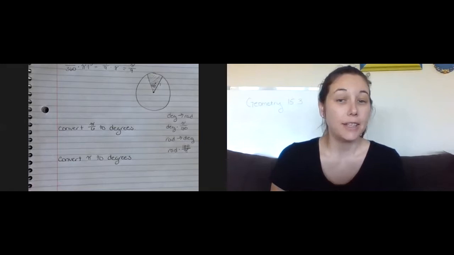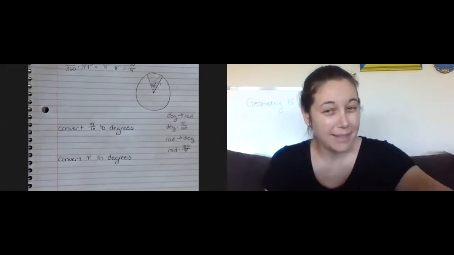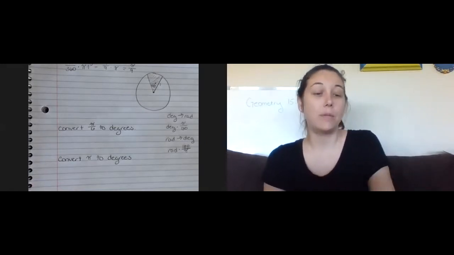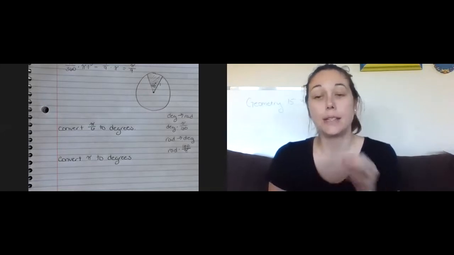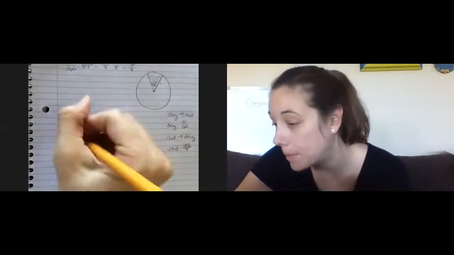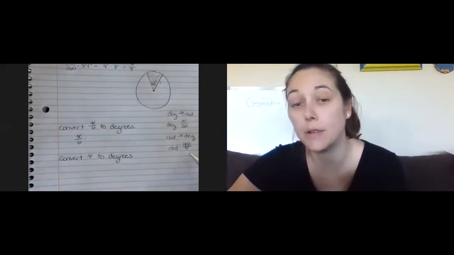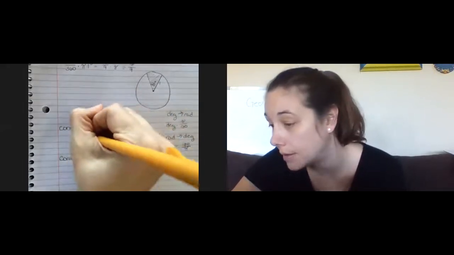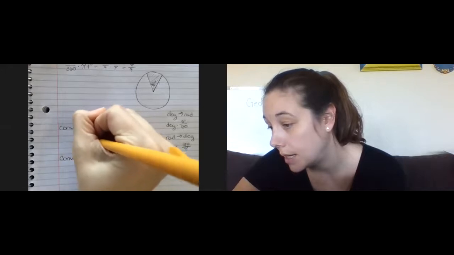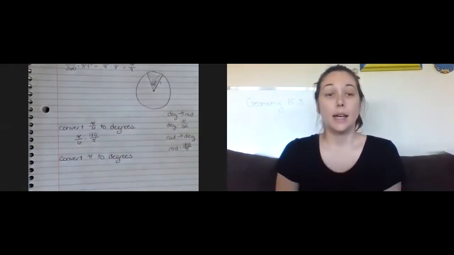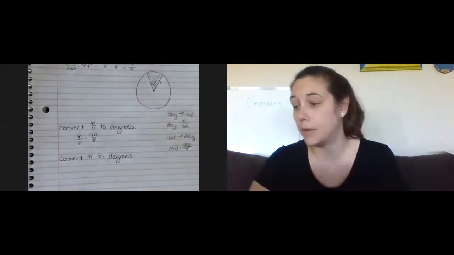So let's take a look at how we would convert pi over 6 to degrees. So pi over 6 times our shortcut formula, 180 over pi. Let's reduce this up before we multiply.